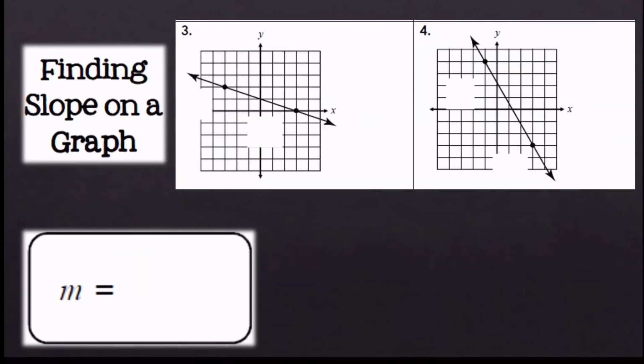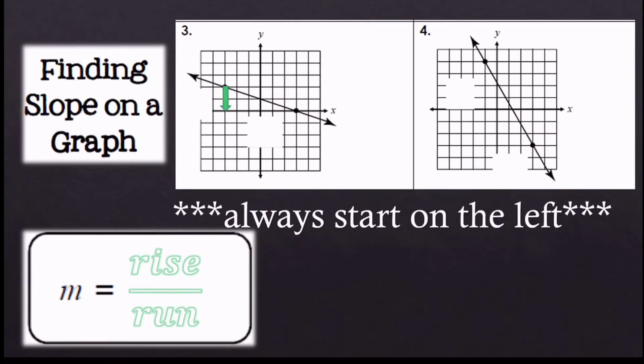Let's take a look at this one. Remember, our slope is our rise over our run. We always start from the left side of the graph. So if you look at this point, it's going down. From this point, it goes down, and it went down 2. So because it went down, I write a negative.